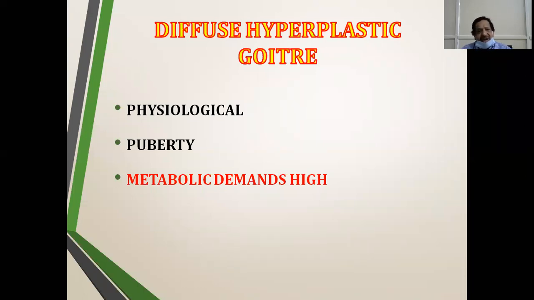As the demand is high, the gland enlarges, it becomes hyperplastic to produce more hormone. That's why it is called physiological. To meet a physiological demand, the gland is overworked. Like in your exams, you read day and night because you have to cover a lot and there is a greater demand for time.